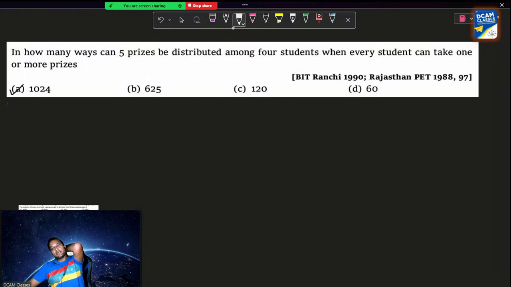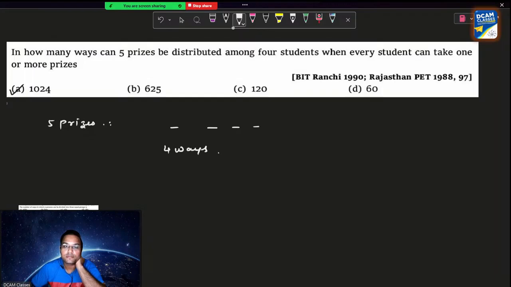There are 5 prizes distributed among 4 students. Distribution of prizes is to be done. There are 4 students, which means each prize can be distributed in 4 ways. Okay, na?